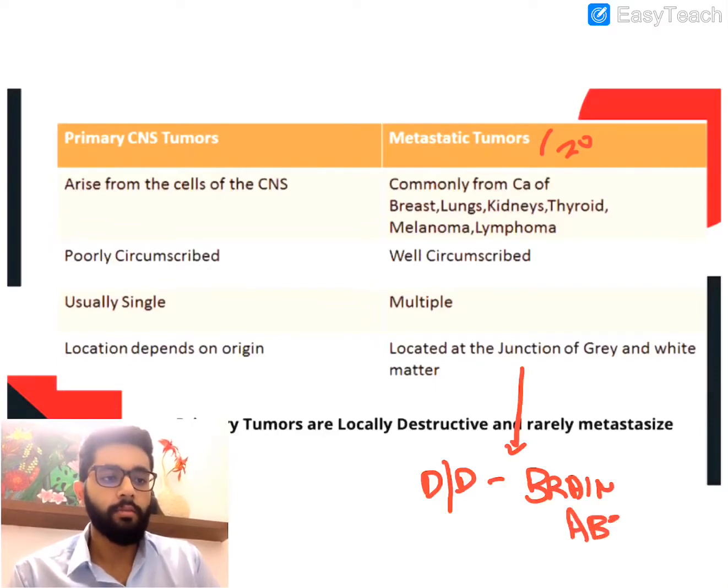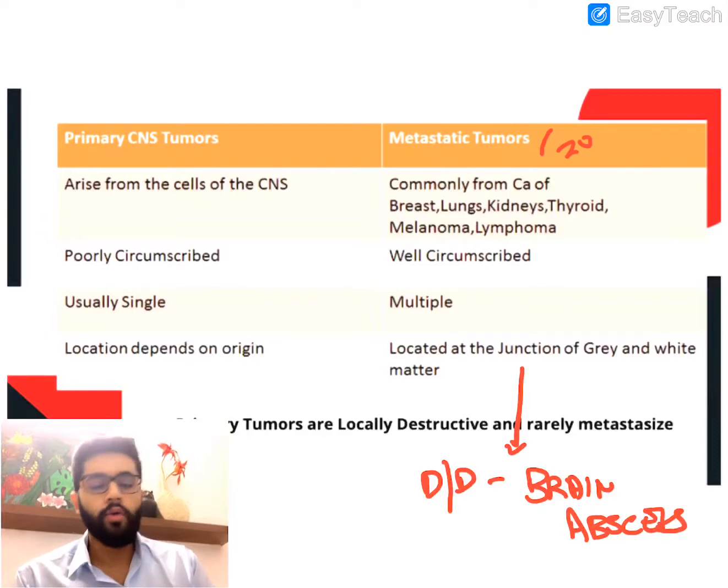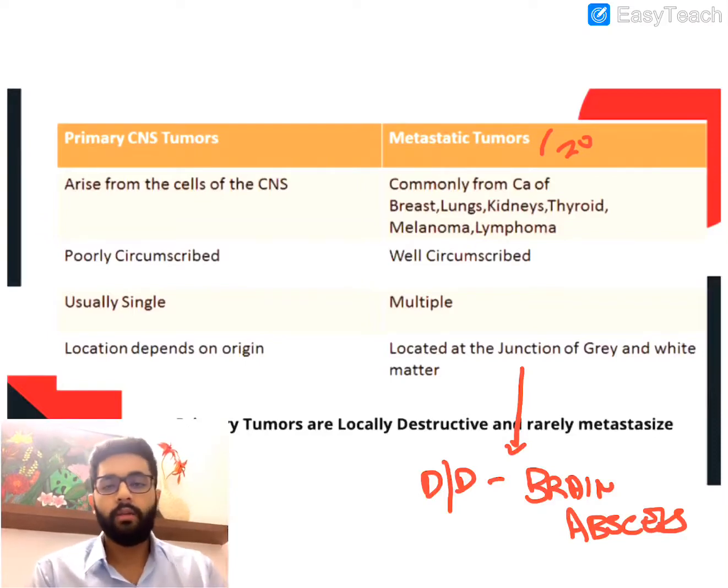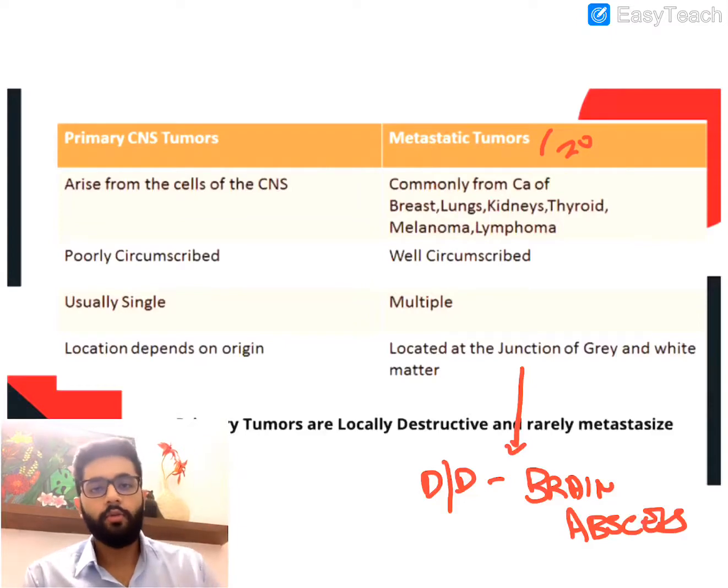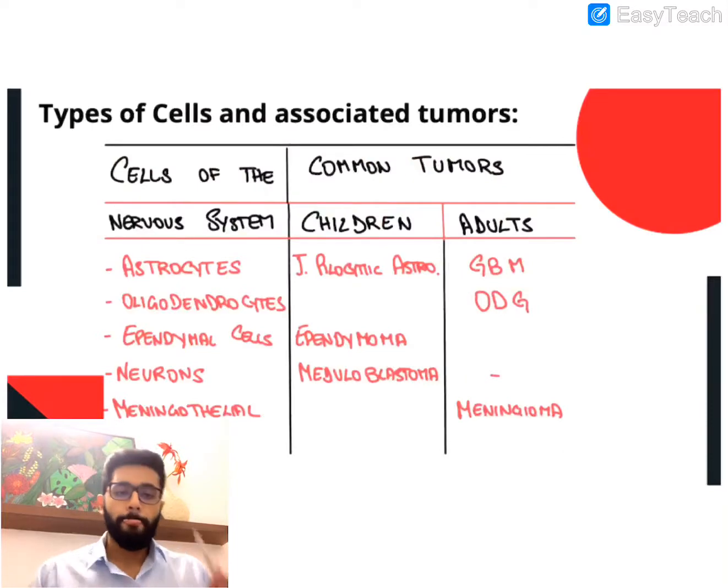Okay, so this is a point you can note. So how do you differentiate a metastatic tumor and a brain abscess? Usually brain abscesses are solitary, whereas metastatic tumors are multiple. Both are well circumscribed. So that was the difference between the primary CNS tumors and the secondary CNS tumors.